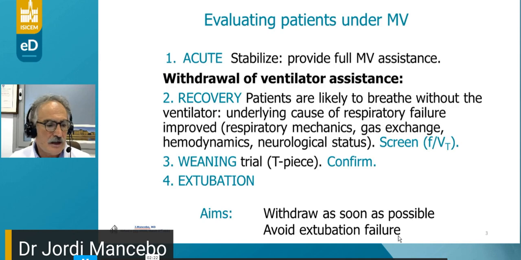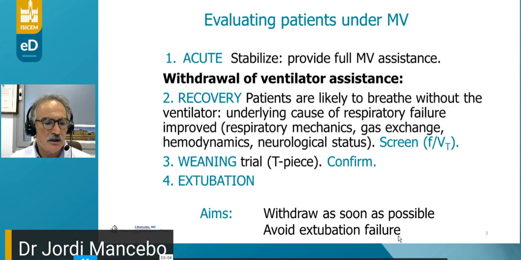The best test that we have for a proper screening is the f over VT ratio, which is measured very rapidly after a couple of minutes of disconnection from ventilation. If this screening phase is positive, then we go on to the confirmation test, which is allowing the patients to breathe on their own during a period of weaning, often between 30 and 120 minutes.